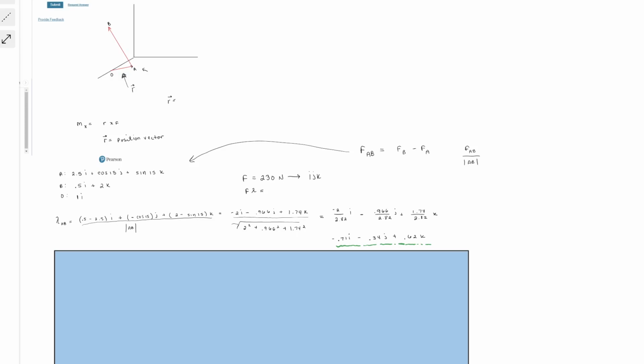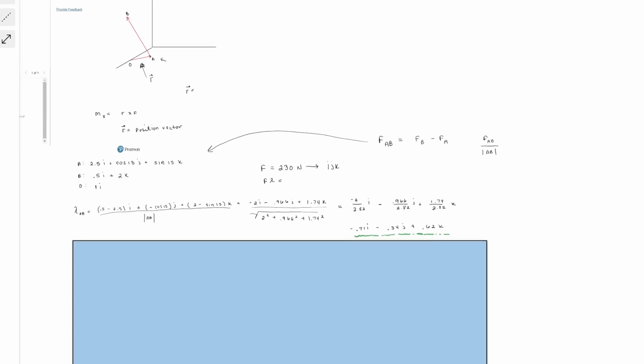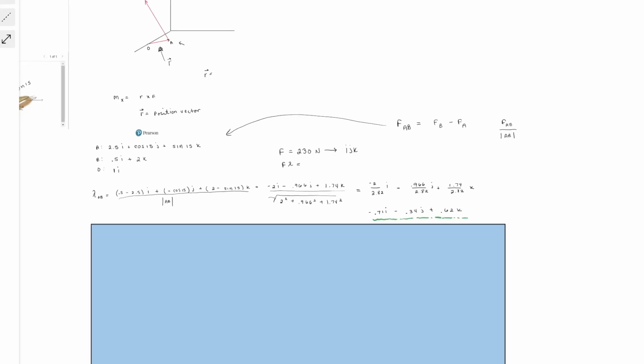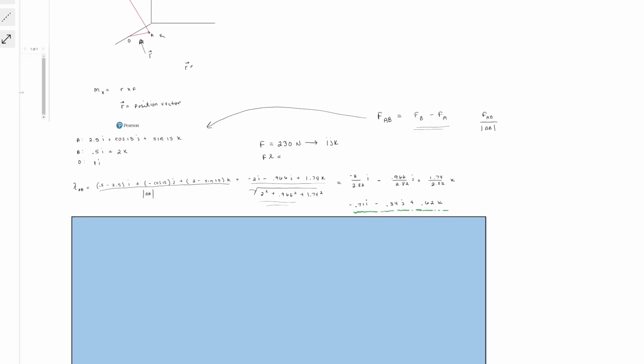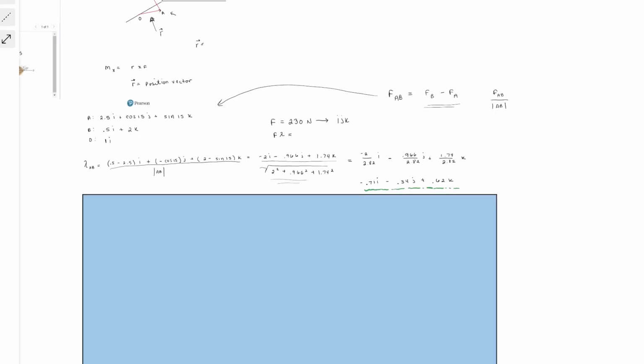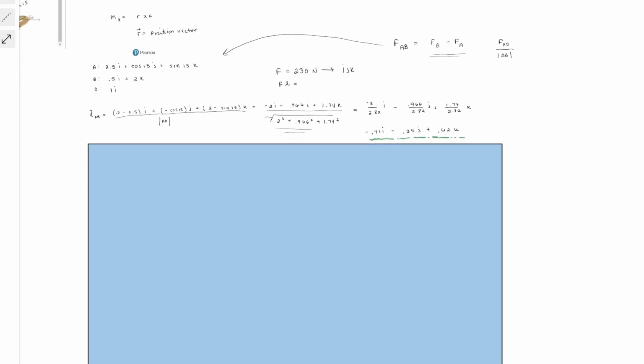I hope that makes sense. So what we do is right here, we subtract A from B. Okay, and then we're going to put it all over the magnitude. Okay, and we're going to get an i, a j, and a k.